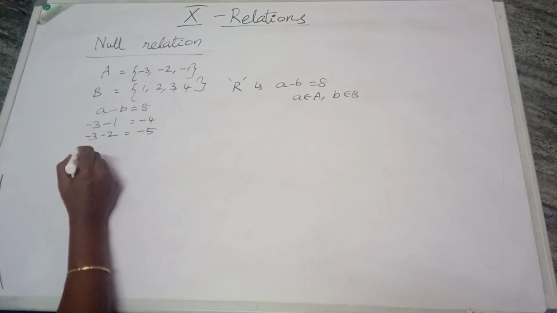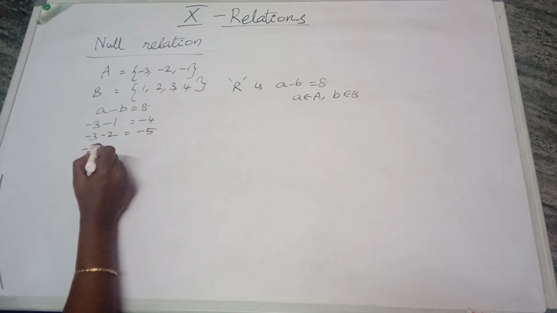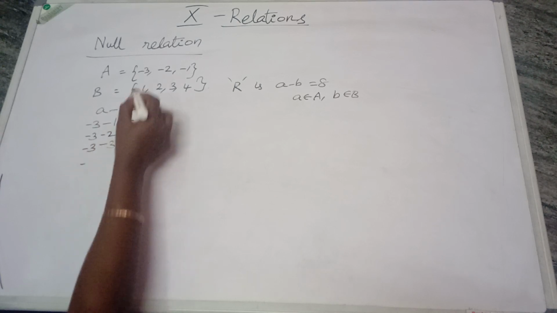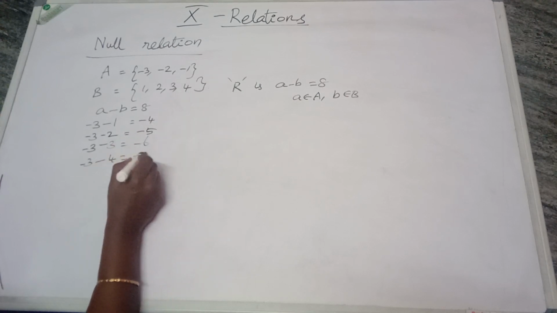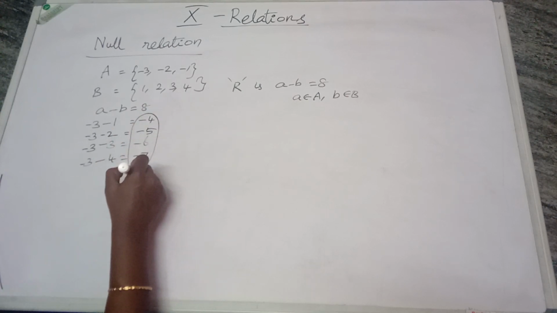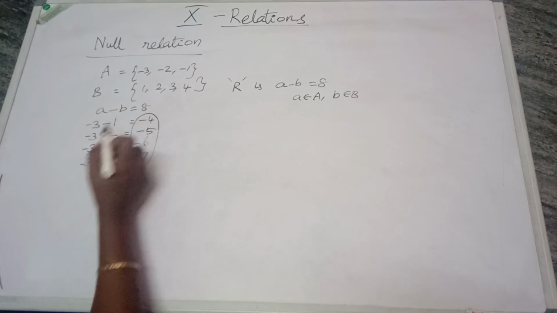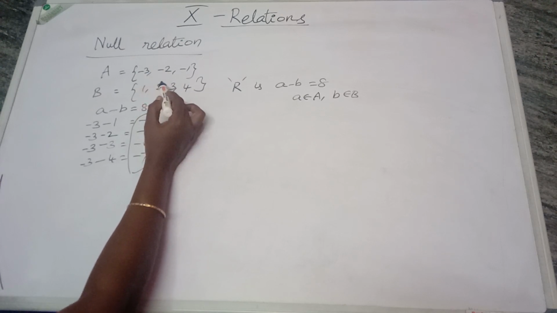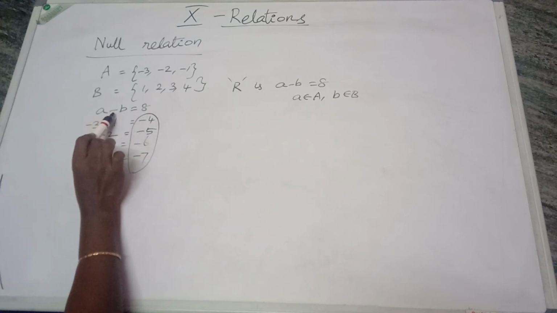With B as 3, it comes minus 6, and with B as 4, it is minus 7. So these four answers, A minus B, give minus 4, minus 5, minus 6 and minus 7, not 8. So this minus 3 does not satisfy the condition; it will not relate to any element in the second set satisfying A minus B equal to 8.